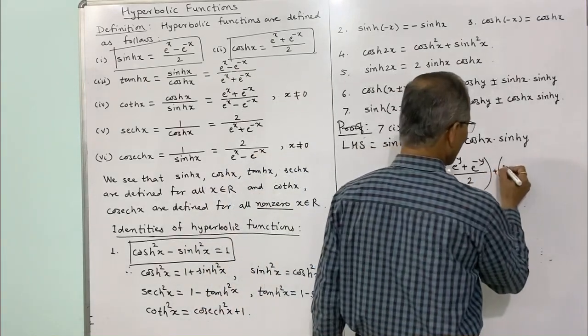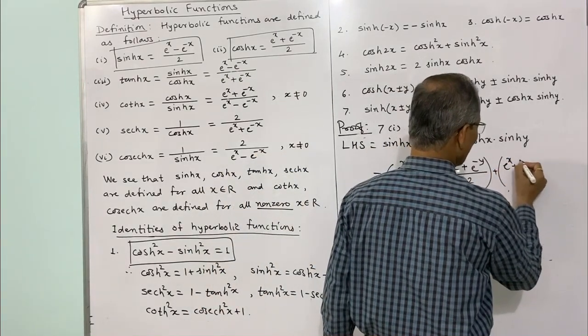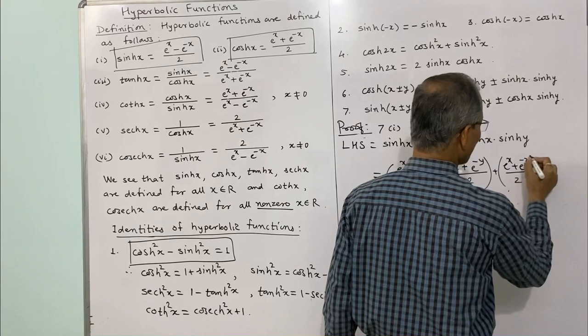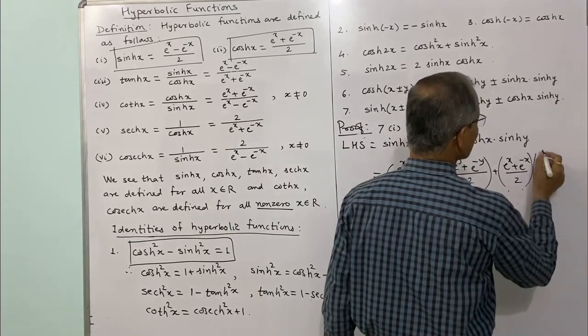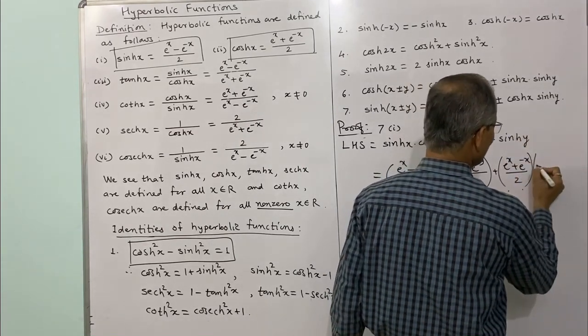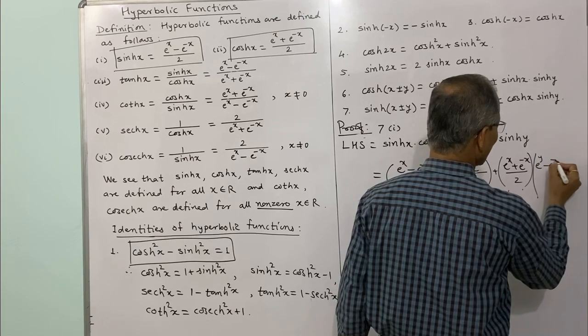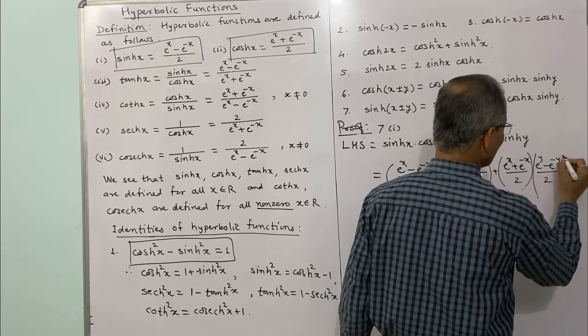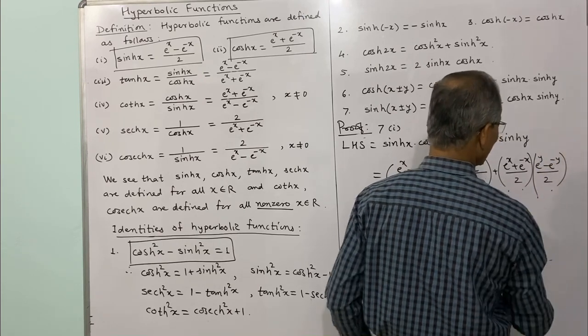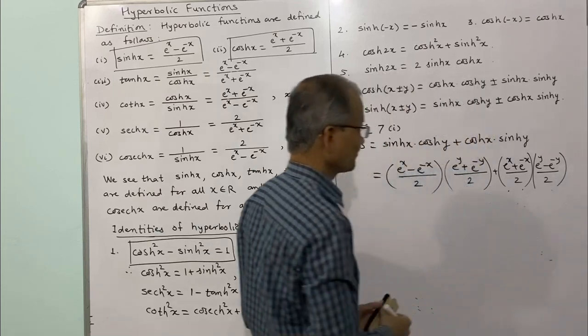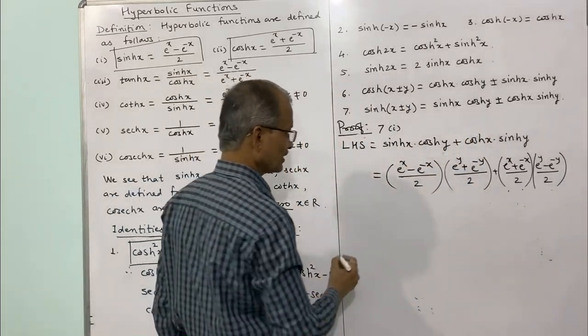Again this is e to the power x plus e to the power negative x divided by 2, and hyperbolic sin y, e to the power y minus e to the power negative y divided by 2. So these are the formulae we have used, and now we will simplify this.